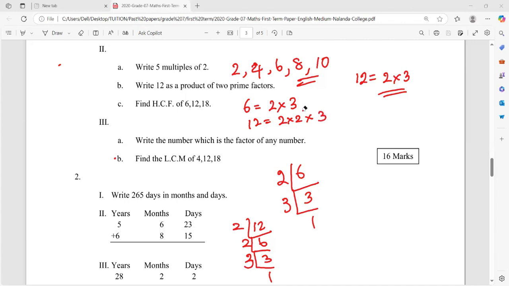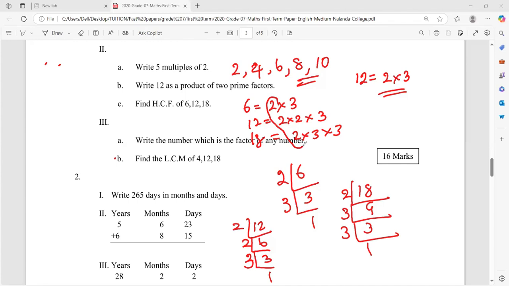Fine. And 18 can be divided by 2, then it is 9, then divide by 3, the answer is 3, again divide by 3, the answer is 1. Therefore, 18 is equal to 2 into 3 into 3. Here you have to find the highest common factor.